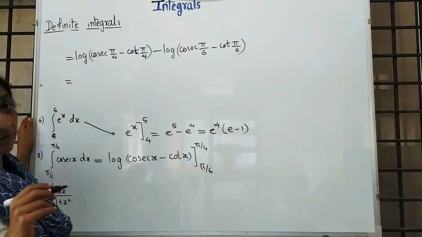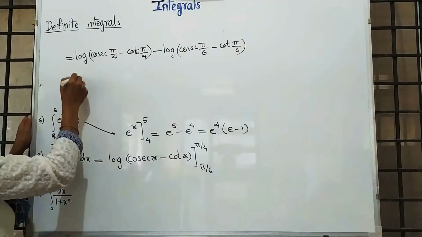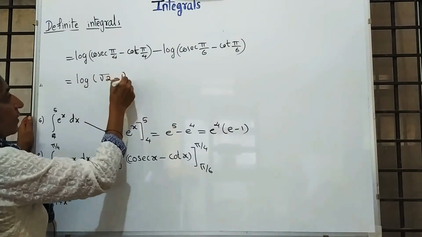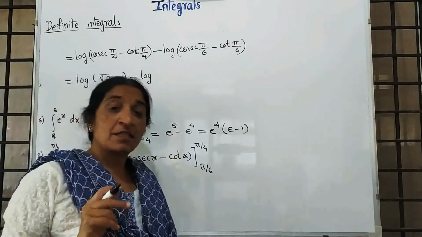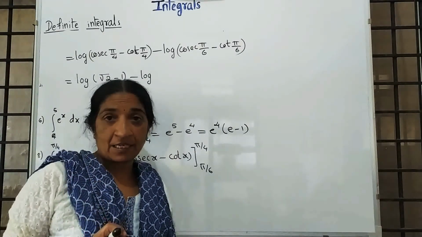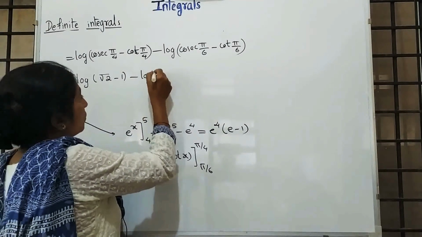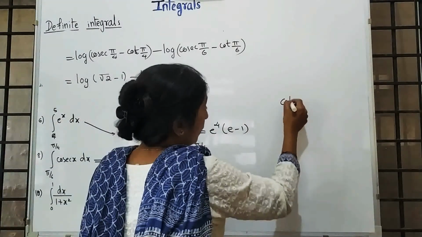Cosec 45, pi by 4 is 45, sin 45 is 1 by root 2, cosec 45 is root 2, cot 45 is 1. Minus log of pi by 6 is 30 degree. What is sin 30 degree? Sin 30 degree is 1 by 2, cosec 30 is 2. And what is cot 30? See, you are familiar.